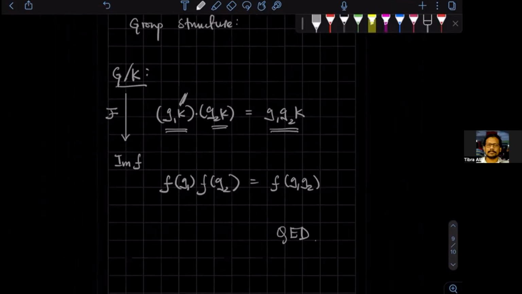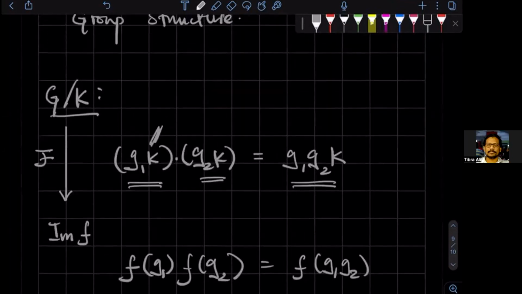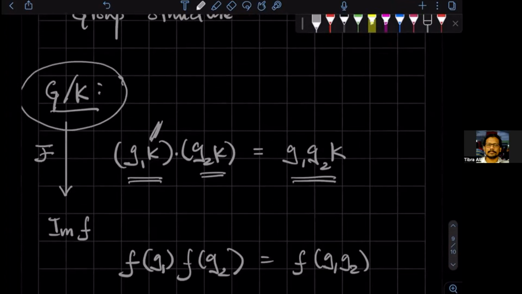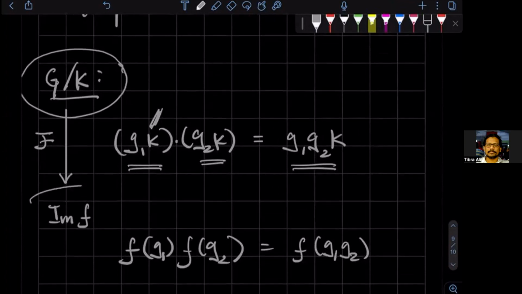Oh, yeah, sure. So we have two structures, right? We have a structure which is a coset space, which is a quotient group, right? And we have another structure which is the image of F, which is a subgroup of G prime, right? And according to the group homomorphism F, G1 of K maps to F of G1, right?